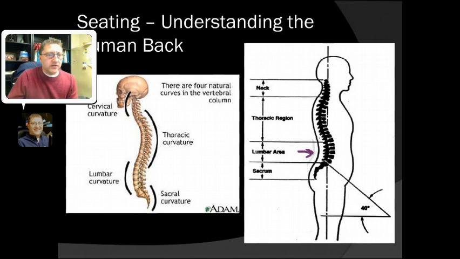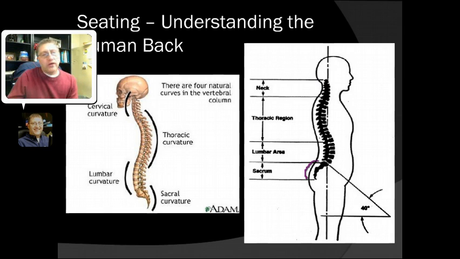The thoracic region is higher up. Notice it curves out from your body. It's convex along your back. And then your neck, again, you have more of a concave structure, though not as large as in the lumbar region. And then what we call the sacrum, which is not really your spinal vertebrae as such, but it is part of the backbone. You might call that your tailbone.